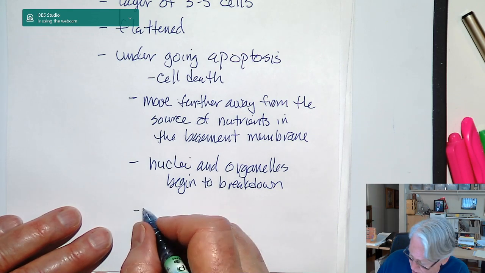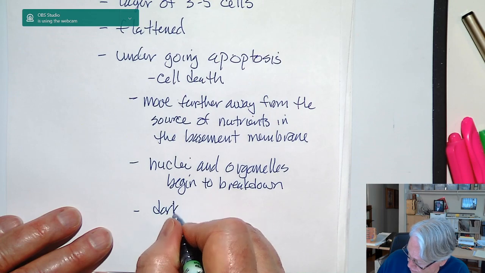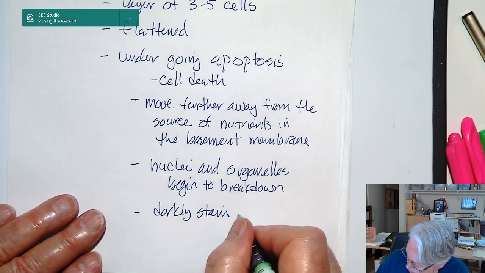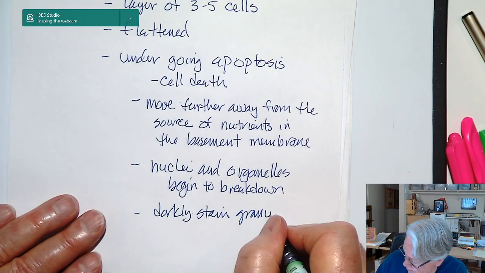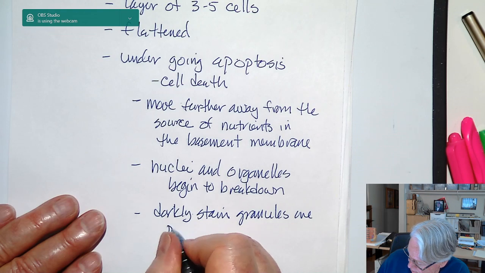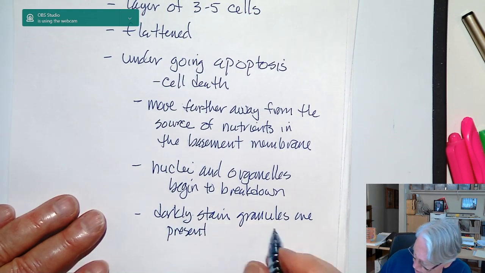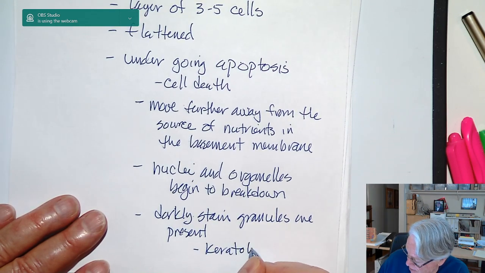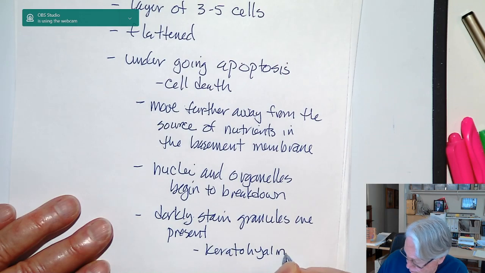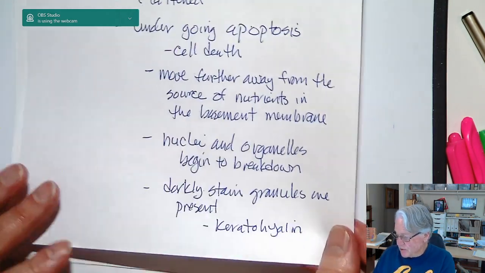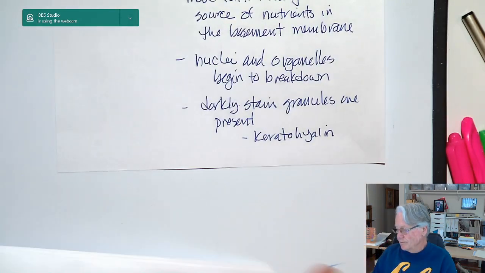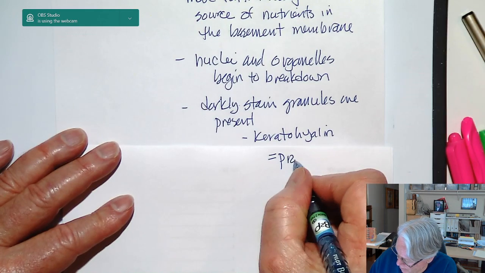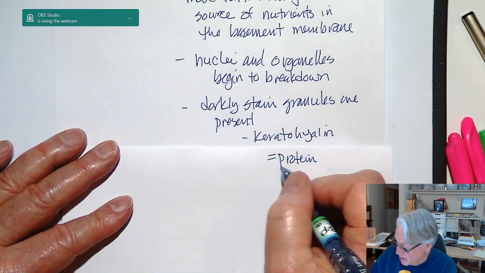And we begin to see darkly stained granules are present. And this is something called keratinohyaline. Okay. And this is a protein. So keratinohyaline is a protein.